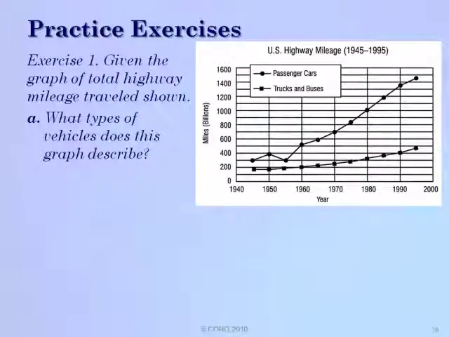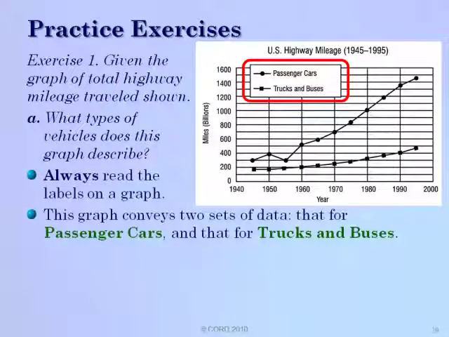So what type of vehicle does this graph describe? Well, you look at the graph and you look at the legend, and you can see that it's passenger cars and trucks and buses. So there are two sets of data on this graph. The square little dots and the round little dots distinguish between the two types. So you have to look at that closely to know which one is which.